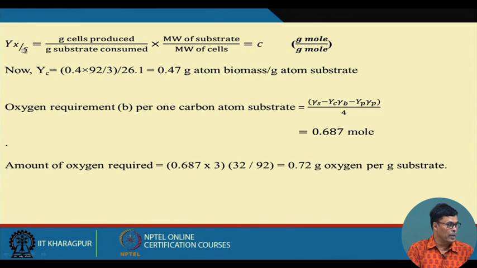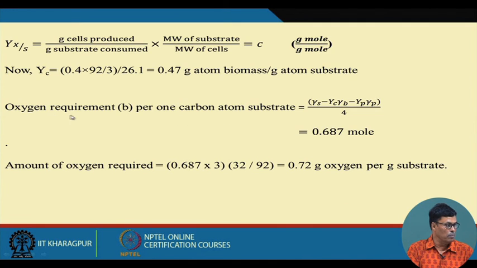Then we calculate Y x by s: grams of cells produced per gram of substrate divided by their respective molecular weights, which gives gram atoms of cell produced per gram atom of substrate consumed. This is equal to Yc, about 0.4 multiplied by 0.47.